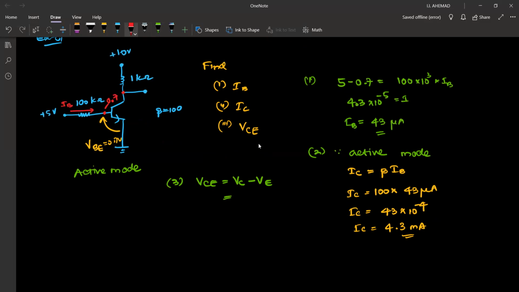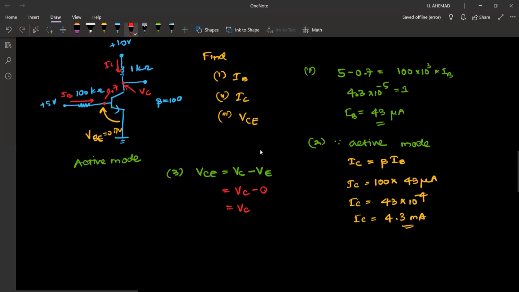This voltage is VC. But I know my IC current. So VCE is equal to VC minus 0 because E is 0. Therefore, this is equal to VC. How to find VC? Here, this voltage over here is VC.